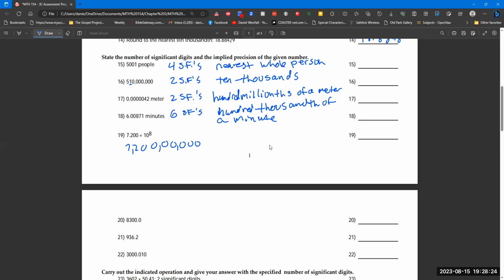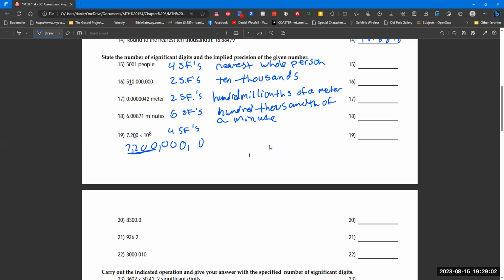Now, the implication here is that because these zeros are here after the decimal point, they are significant. So all of this is significant. I assume we have 4 significant figures, that those were actually measured values. And so it's to the nearest 2, 3, 4, 5, 6.